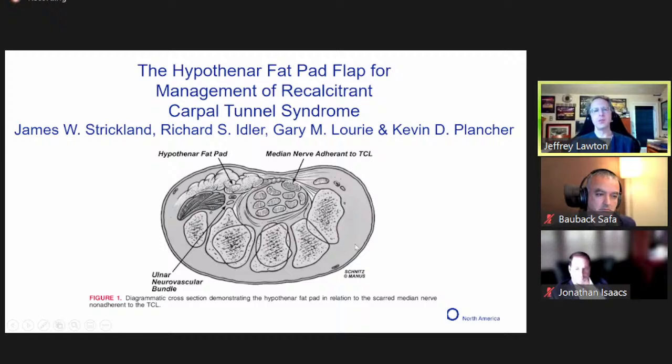I do want to bring up this other concept in what we sort of term an environmental improvement. So this is by the Indiana group, the pedicled hypothenar fat flap. So as you see in recurrent carpal tunnel, you can get median nerve adherence to the reformed transverse carpal ligament. And this is based on taking this nice, healthy dollop of fat in the hypothenar eminence and bringing it over there.